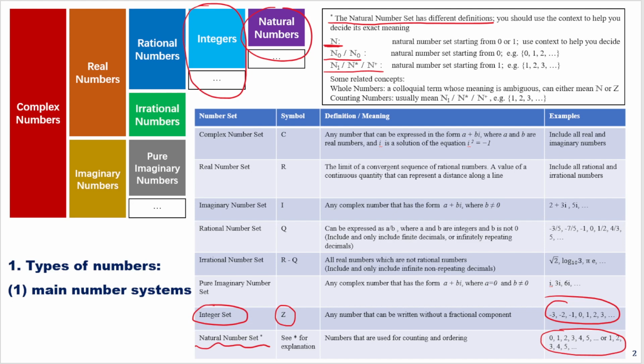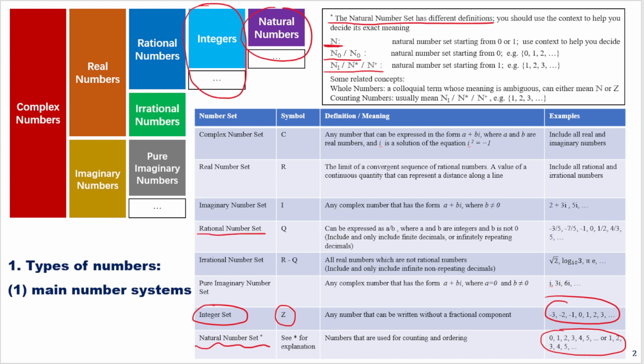However, this isn't yet closed under multiplication and division, because when you have, for example, 5 over 2, this is apparently not an integer, right? So we introduce another set of numbers, which is called the rational numbers.